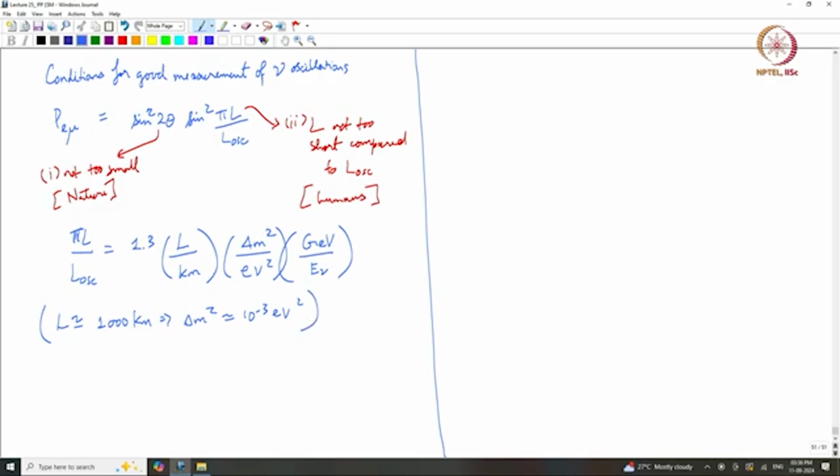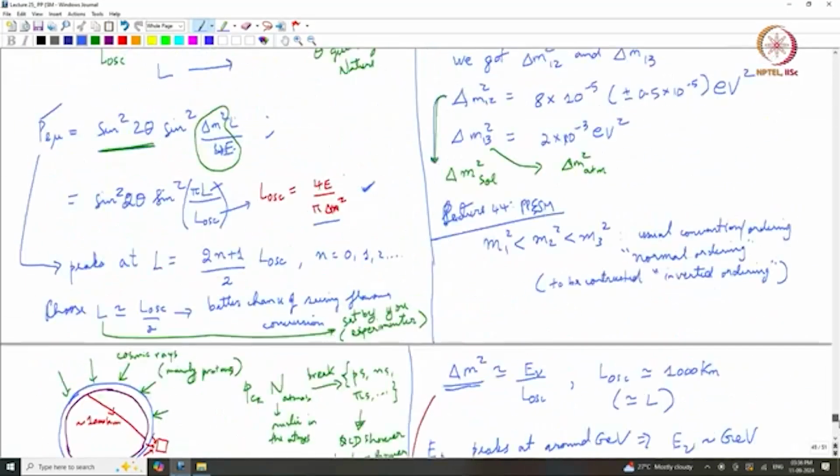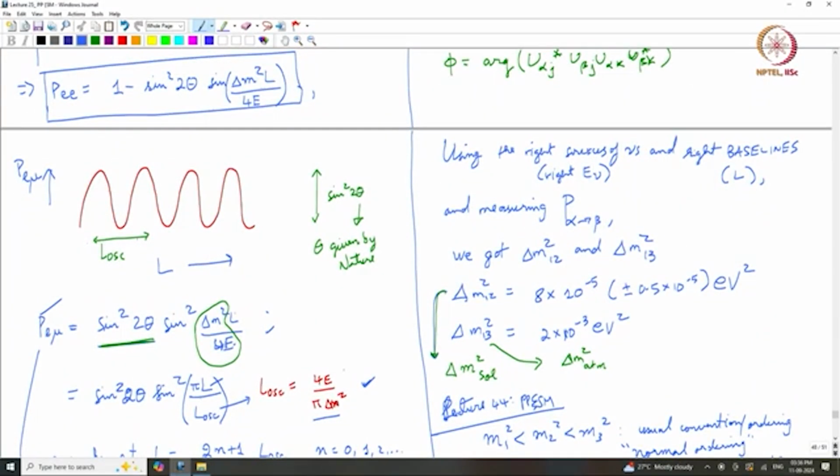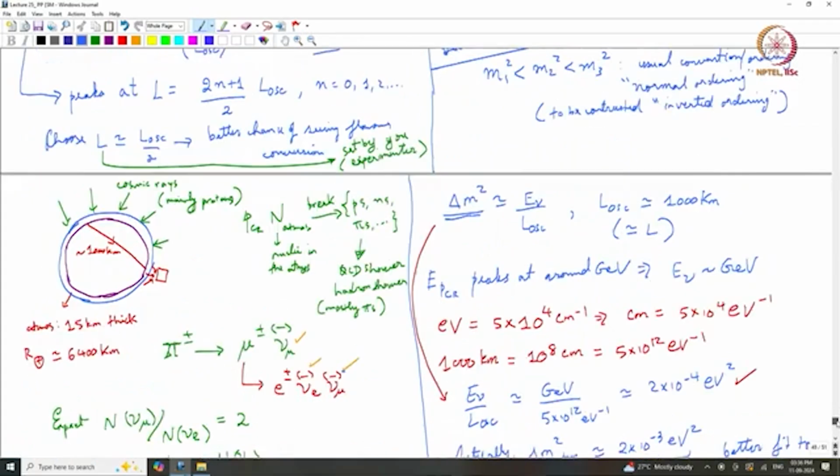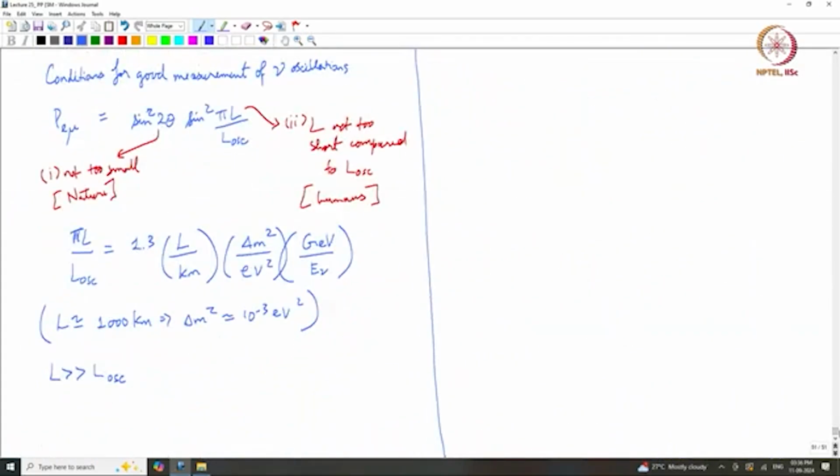Okay. Now this may be so, but in many situations you can also get the baseline much larger than the oscillation length. Okay. So again, let's go back to this picture. That's the oscillation length, but it may be that the neutrinos are produced very far away, so that your baseline is actually millions or billions of oscillation lengths. So what situations are we talking about here?